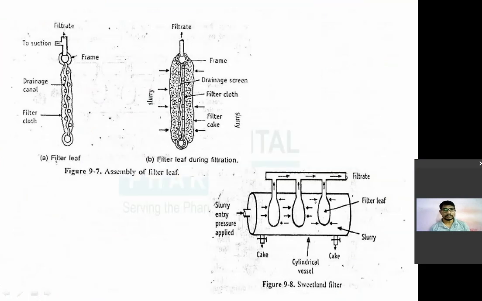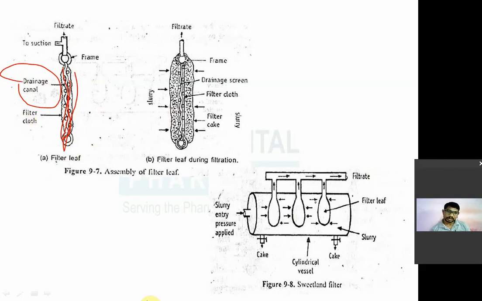Now if these filter leaves are arranged in a series, in one vessel, where the slurry is fed forcefully using pressure, and such filter leaves are arranged in a parallel arrangement, that is a variant of the filter leaf known as a Sweetland filter. Now the next one is known as a cartridge filter.